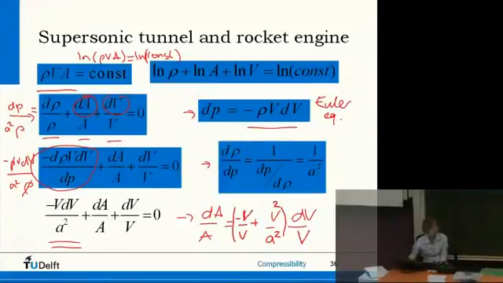So we multiply by V over V, put one V inside and one V below. Then we have here minus 1, and we have here Mach squared. So dA over A is Mach squared minus 1 times dV over V.